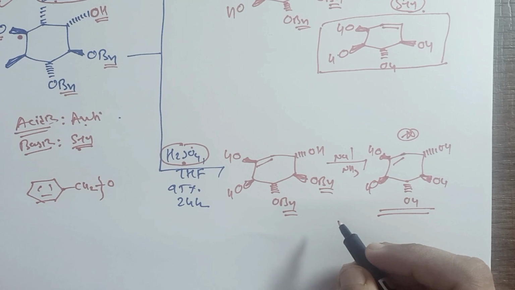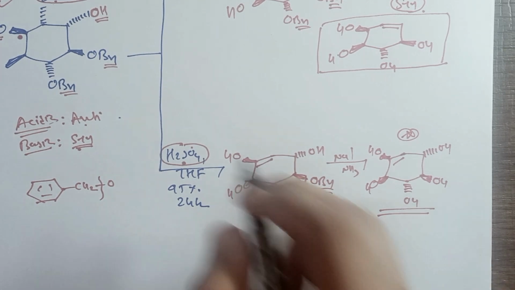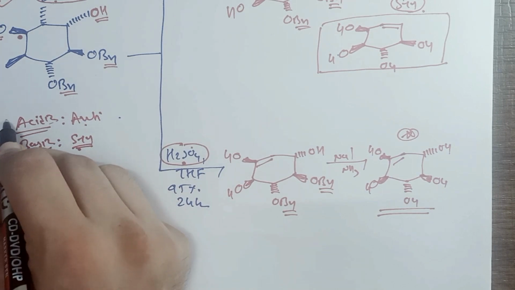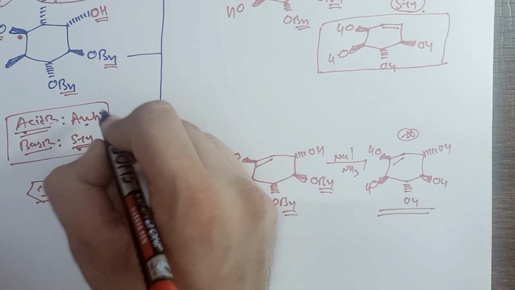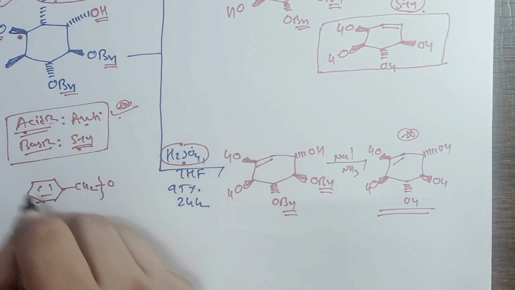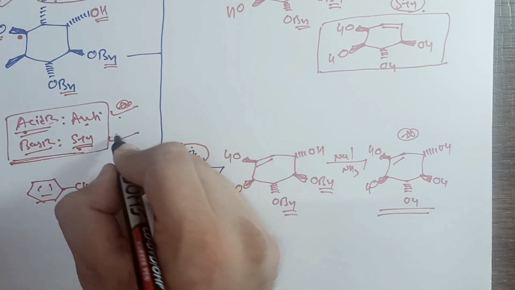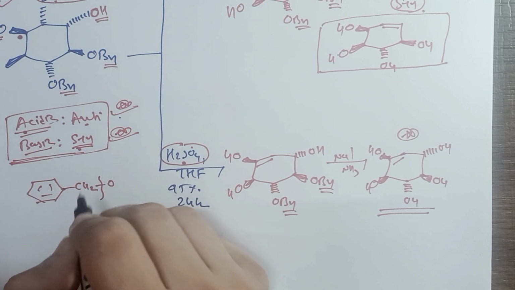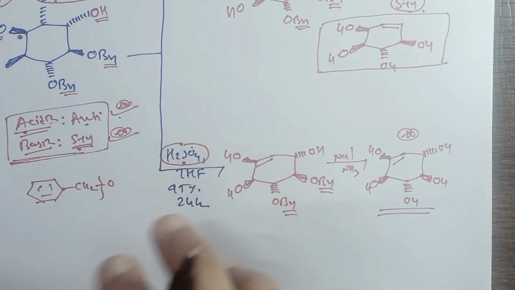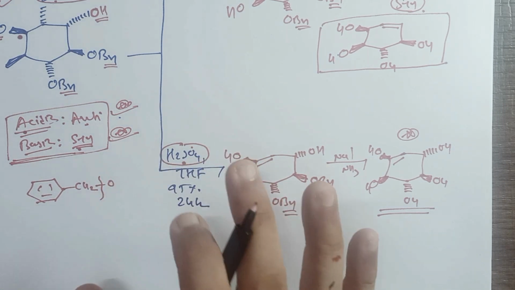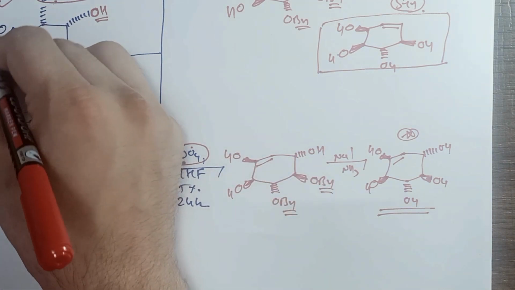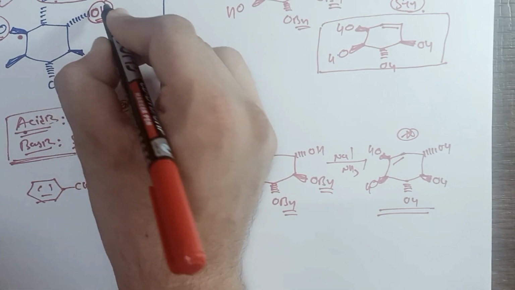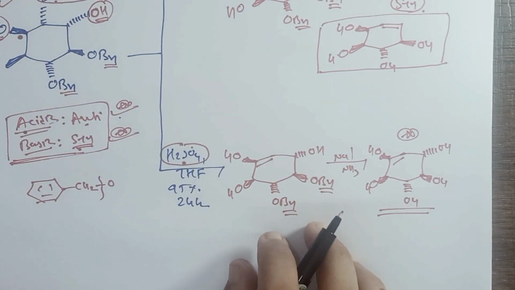In this way you can carry out this reaction in acidic and basic conditions. You just have to remember that in acidic condition it will always follow anti-elimination, and in basic condition it will produce a syn elimination product. One more thing to remember: whenever you find a silicon in your compound and in its alpha position an OH group, you just have to apply the Peterson-Olefination reaction.